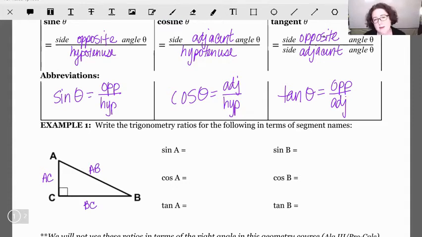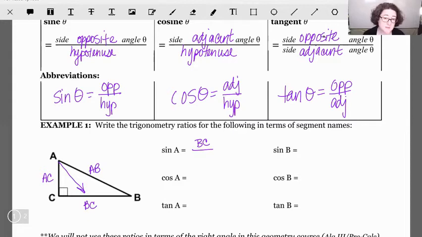Sine A is our opposite side divided by our hypotenuse. The side that's opposite from angle A is side BC, straight across from that angle in the triangle.